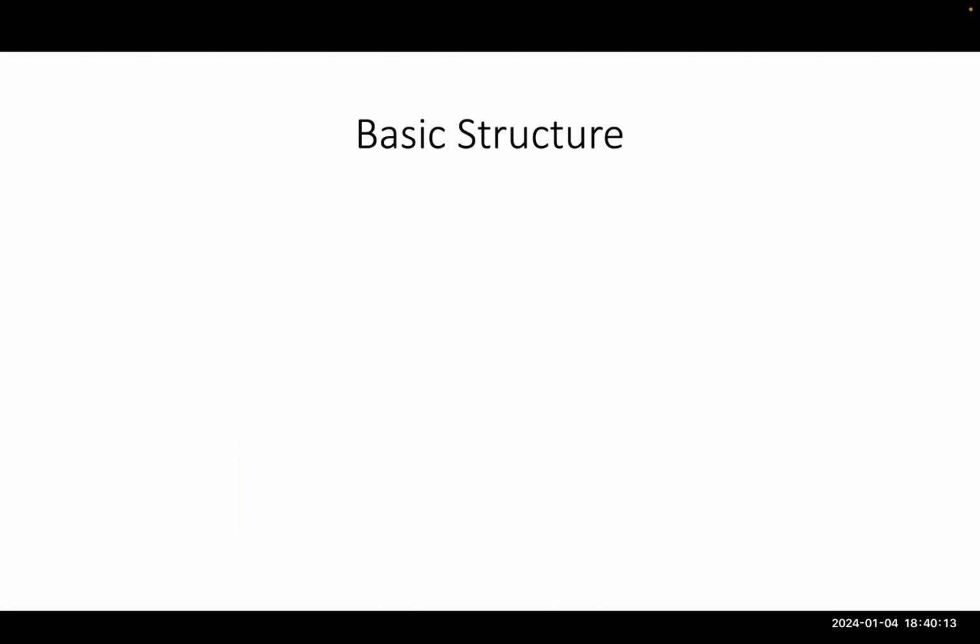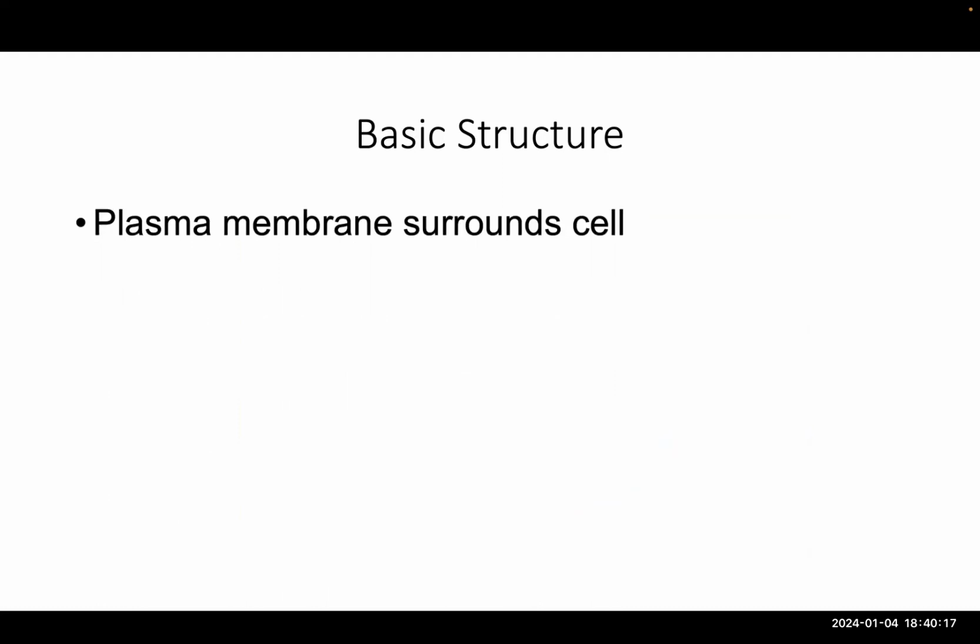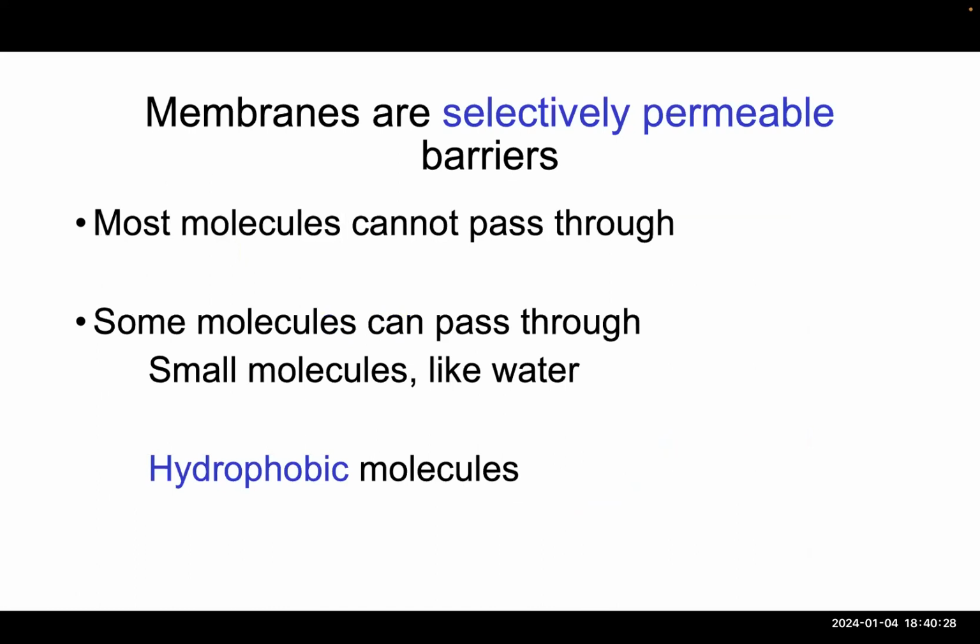The basic structure we saw is the plasma membrane on the outside that surrounds the cell. And then the fluid on the inside is cytoplasm, which I already mentioned. I want to talk a little bit about the plasma membrane. What I highlighted here is that it is selectively permeable. It acts as a barrier, meaning most things cannot get through.